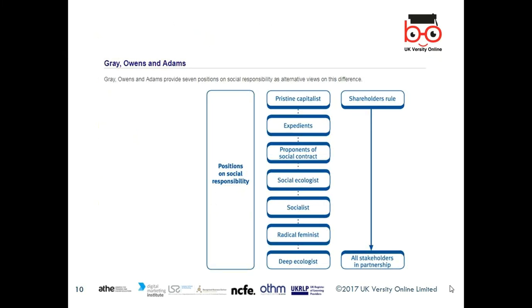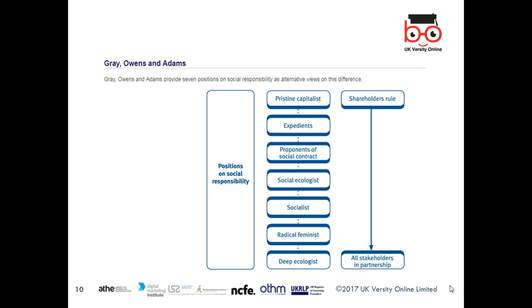Then various other authors discuss and look at various other stakeholders. So Gray, Owen and Adams have seven positions on social responsibility as alternative views on the difference: pristine capitalist, expedience, social contract, social ecologist, socialist, radical feminist, and deep ecologist.